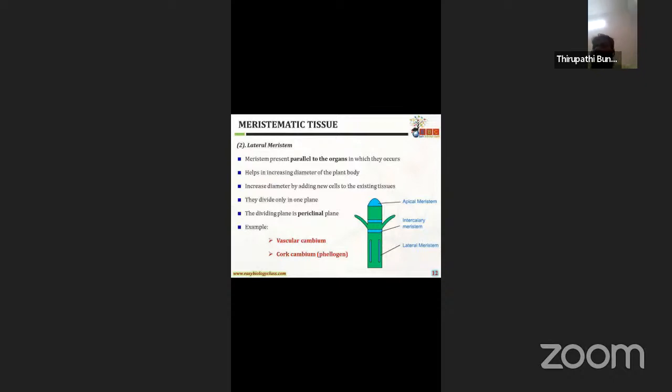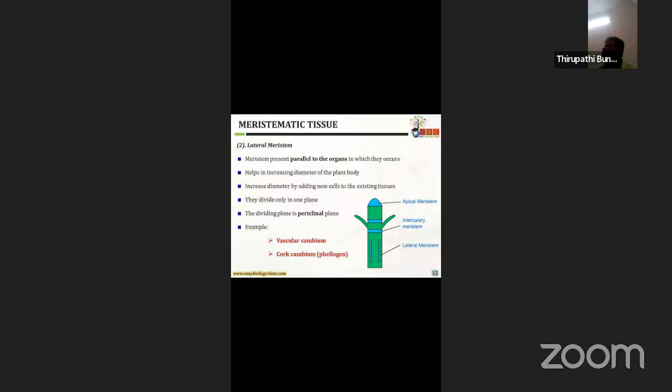Example: vascular cambium and cork cambium. Next, third one, intercalary meristem.